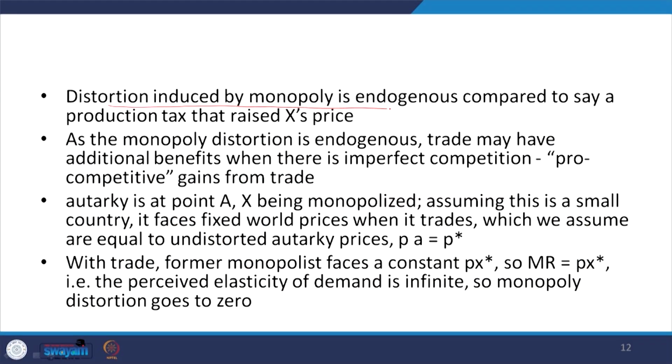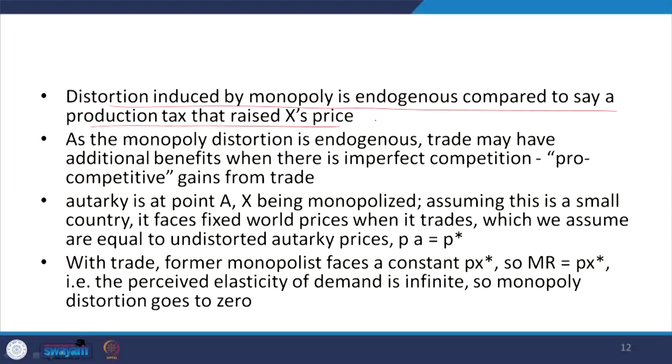We know that monopoly power often distorts the market. The distortion induced by monopoly is endogenous, compared to, say, a production tax. What I wanted to emphasize here is the endogeneity of monopoly power.